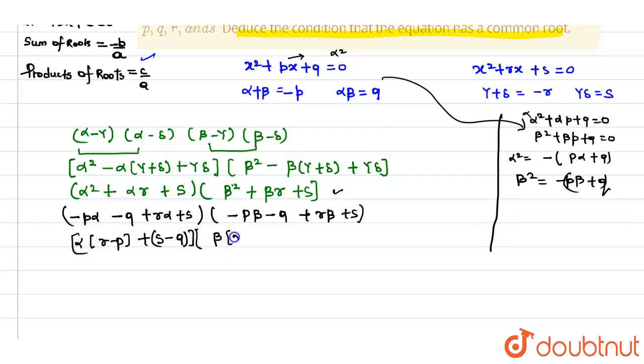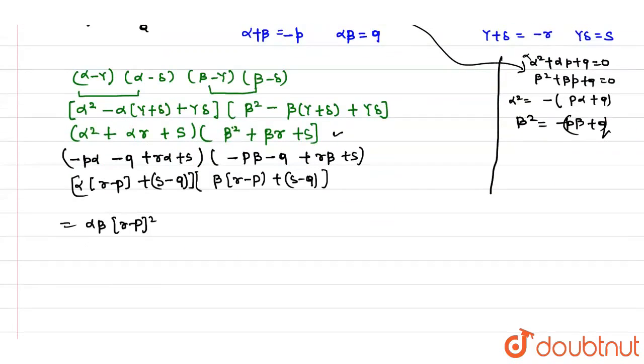I took beta common, r minus p plus s minus q. Now when I try to multiply this, alpha beta times r minus p whole square. Why I'm doing this? Because I need to find this value in the form of p, q, r, s, right? So I need to replace alpha, beta, gamma, delta from the equation, plus alpha r minus p, s minus q, plus beta s minus q, r minus p, plus s minus q whole square.